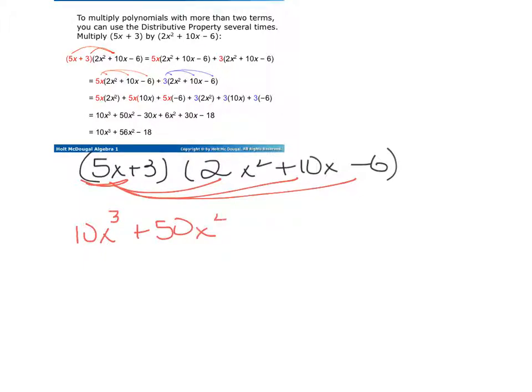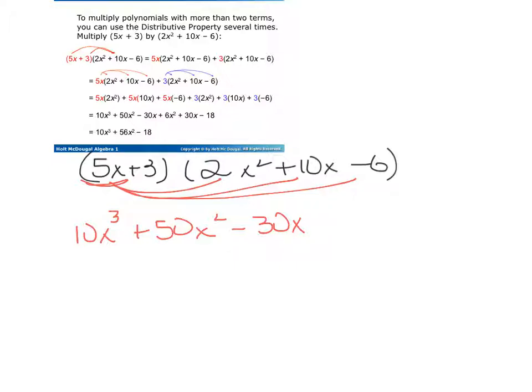So first I'm going to distribute the 5x to all 3 terms. When I do that, I get 10x to the 3rd. And then when I do 5x times 10x, I get 50x². And then when I do 5x times negative 6, I get negative 30x.